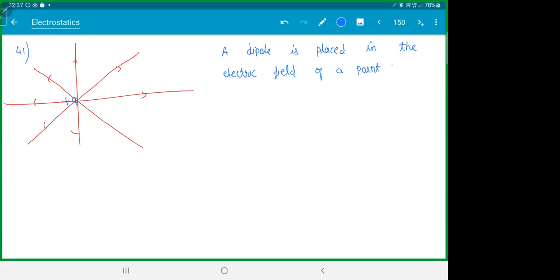Now this is a non-uniform field. Whatever we derived was for a uniform field. So all those formulas, some of the statements won't be true. So the question is, which of the following statements are true? Which of the following are possible?